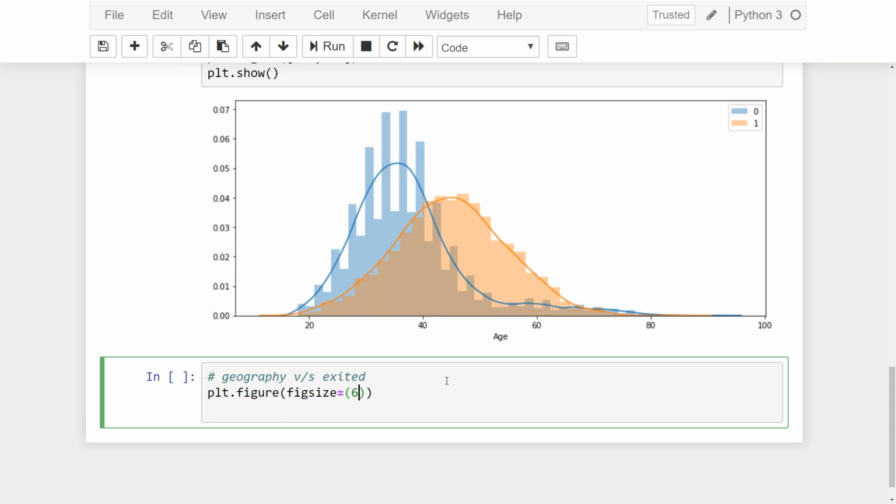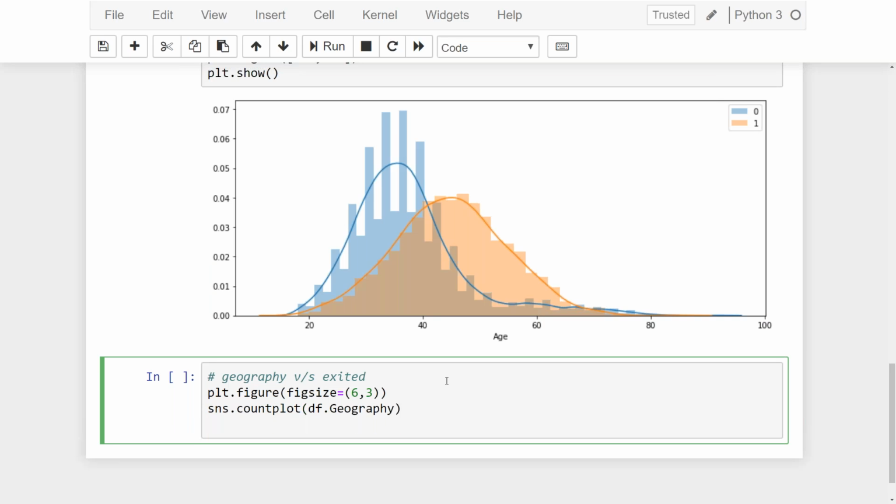Let's say this is 6 by 3, and sns.countplot of df of geography, and then plt.show.